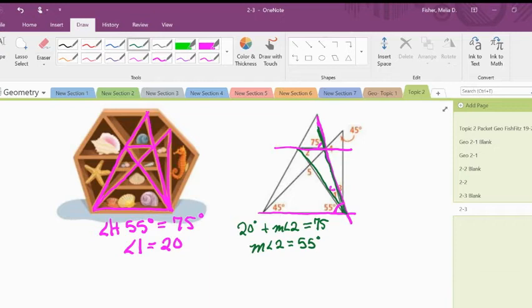To find angle 3, we are going to look at the triangle angle sum theorem. And we're going to look at this big triangle right here.